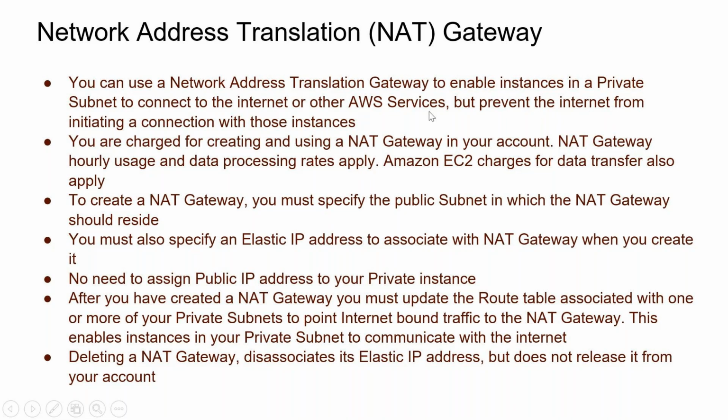That means it is one way traffic. So NAT gateway will allow the private instances in the private subnet to update the software or for some other purpose. They can connect to the internet, but the internet cannot establish a connection to our private instances.